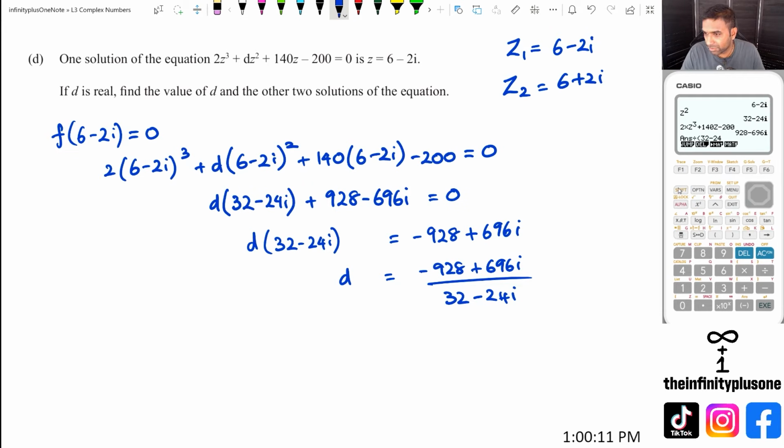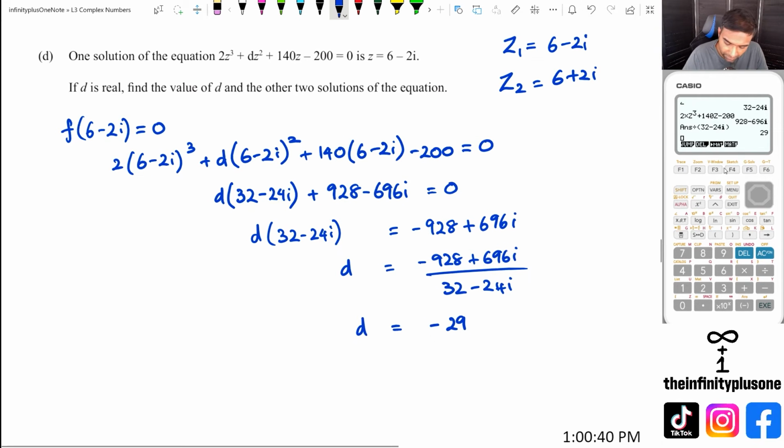I should get negative 29. I'm getting positive 29. Oh, I just realized what I did wrong. Okay, sorry. No, I should get negative 29, because I should have put a negative there. So d is actually equal to negative 29. That's fine. Checking the answers, d is negative 29. So I've figured out what d is.